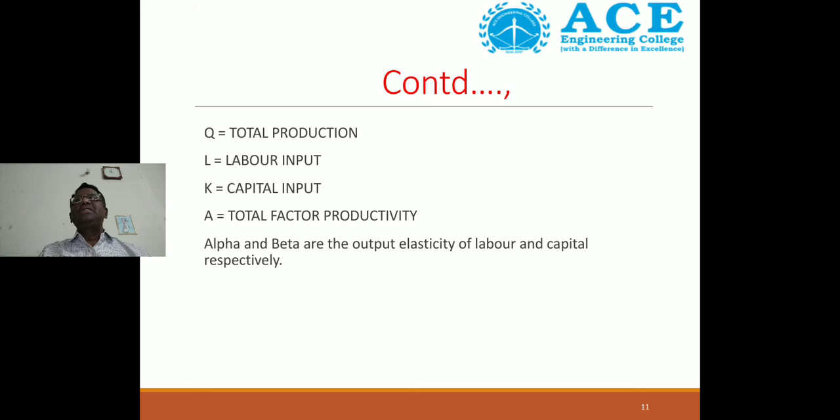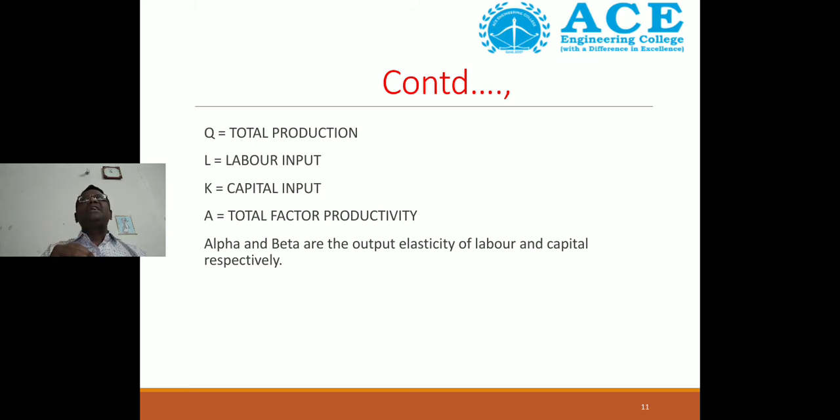So my dear students, please once again remember the properties. Both labor and capital should be positive for Q to exist. B plus 1 minus B equal to 1. It assumes only constant returns to scale and does not support increasing and decreasing returns to scale. It can be written in the form Q equal to A into L to the power of alpha, K to the power of beta.